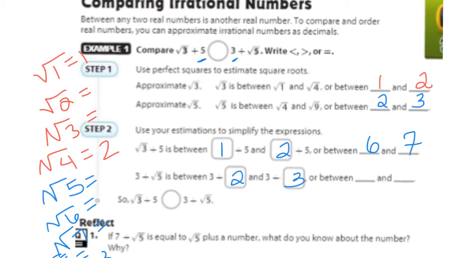I'm just transferring them down. So that's going to be between 3 plus 2 is 5, 3 plus 3 is 6. So we can go on to say, so the square root of 3 plus 5 is, what is it, less than, greater than, or equal to 3 plus the square root of 5, and that's going to be, of course, greater than. Yeah, they kind of want you to go through all this to do these problems, but eventually you're going to have to grab your calculator.